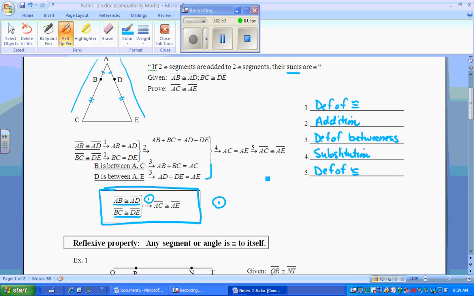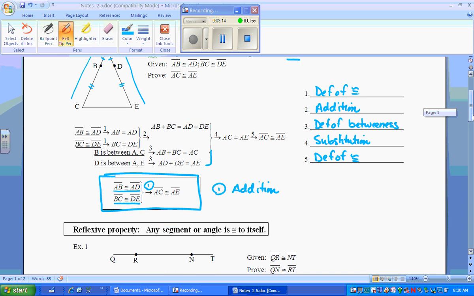And the reason for it is addition. You know it's addition because your end result in the picture is bigger than your beginning. You had two smaller pieces, and we were getting a bigger piece at the end, so you know it's addition.